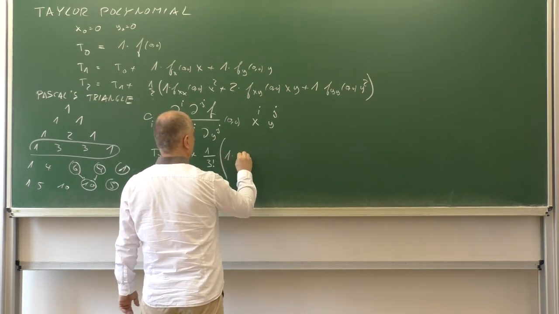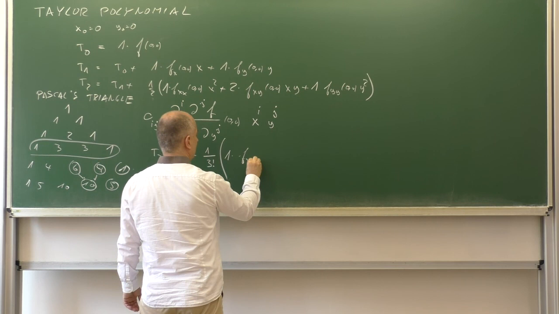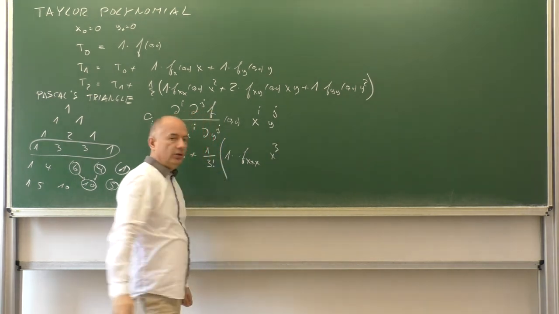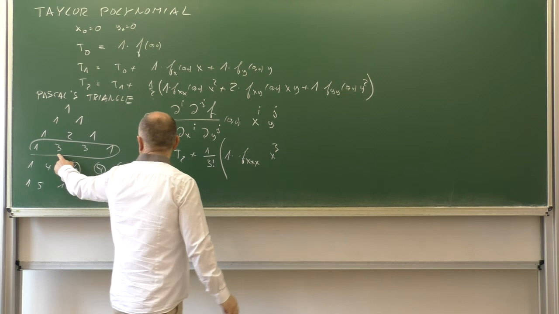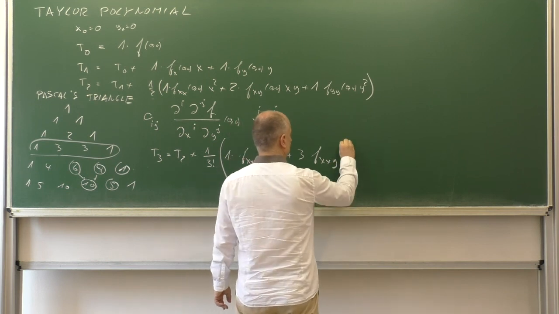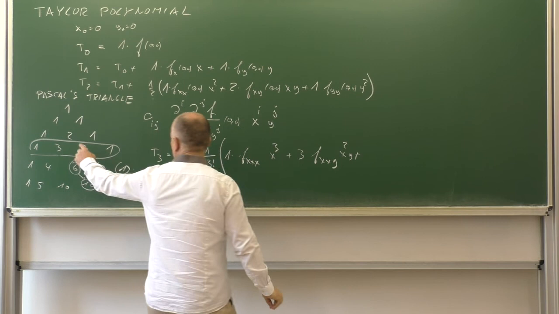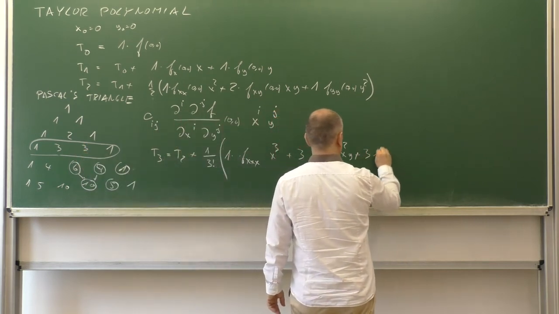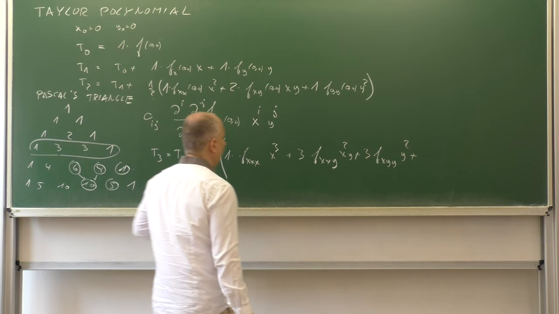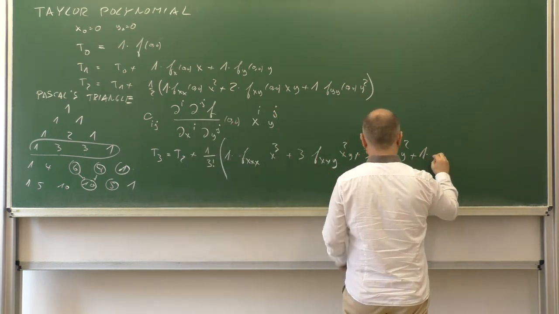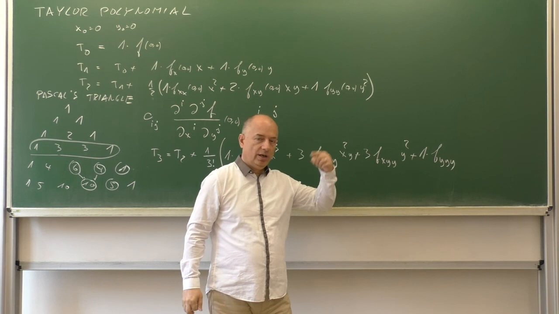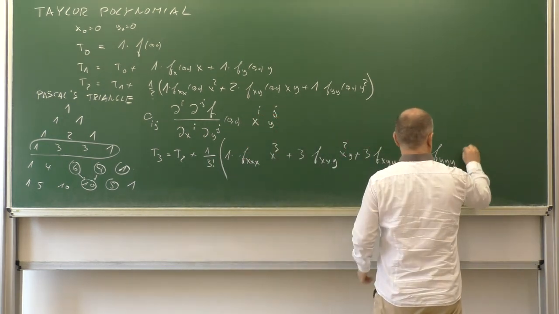So 1 times fxxx, the third derivative evaluated at 0, times x to the power of 3, plus 3 times fxxy, x squared y, plus another 3 times fxyy, x y squared, and finally plus 1 times fyyy, the third derivative of f with respect to y, y, and y, times y cubed.